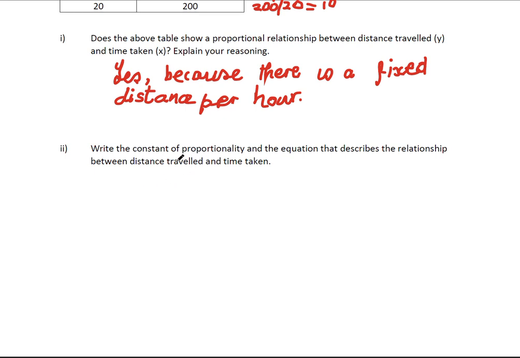So we know that the equation of a straight line is y equals kx plus b, right? Or y equals mx plus b. Same thing. The m and the k are the same values. They are just the slopes or constant of proportionality.